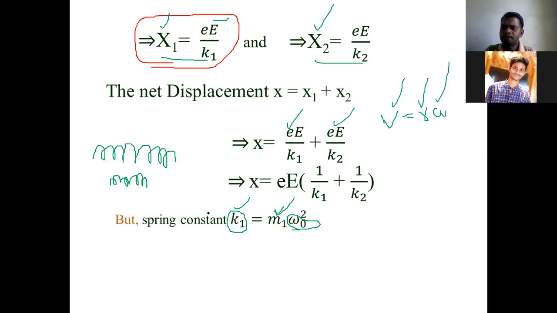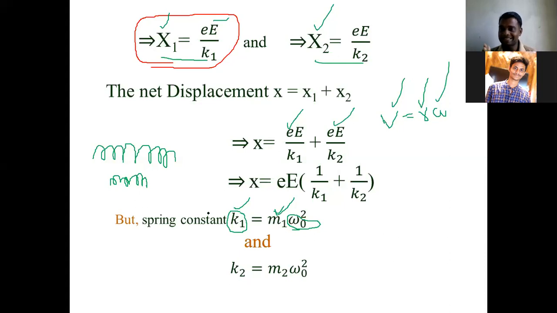Now, what is K2? The spring constant of the negative ion. K2 is equal to M2 into omega naught square. Angular velocity is the same for both positive and negative ions because the same forces are acting on them: one is the Lorentz force and the other is the restoring force.